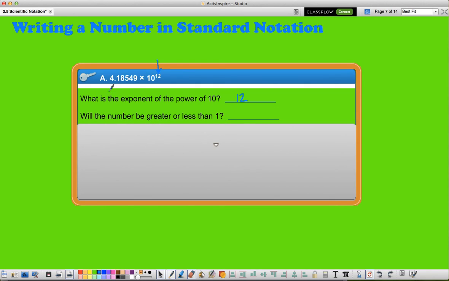Should it be a whole number, or should it be a number that is less than 1? I'm saying should it be bigger than 1, or should it essentially be a decimal? So in this case, since it's positive, I know it should be greater than 1.